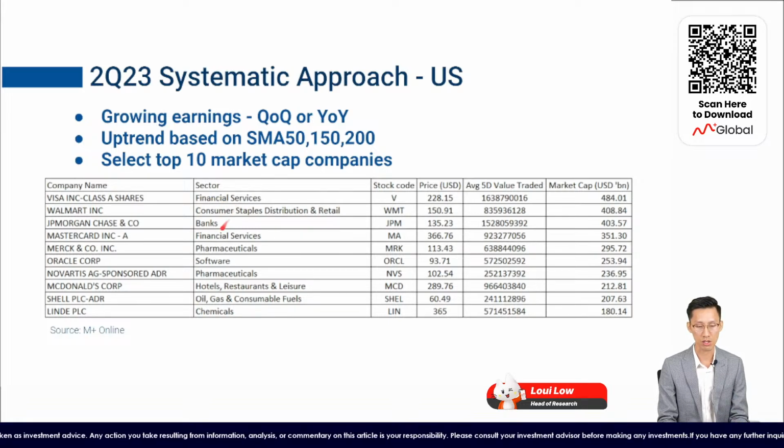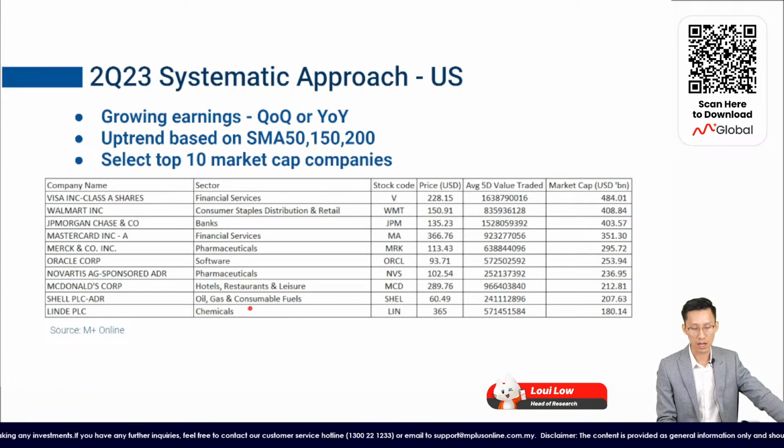They have financial services, banks, consumer staples, pharmaceuticals, software, and then we have hotel, restaurant, and leisure. This is very important during or after the reopening of China. This might be the case whereby people are chasing higher and higher. Therefore, it is an uptrend counter. But at the same time, they are also having some growth in their earnings.